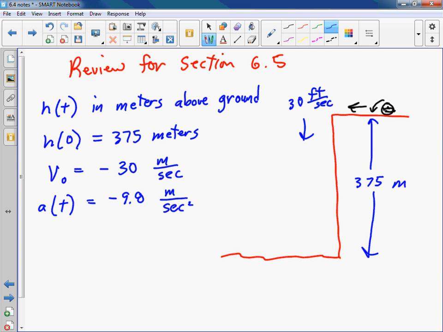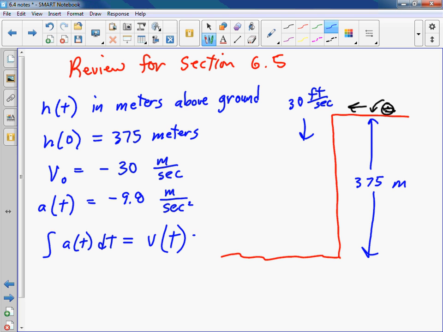And based on that, as we talked about before today in class, we can say that the integral of a of t, the acceleration with respect to time, dt, equals the velocity with respect to time.